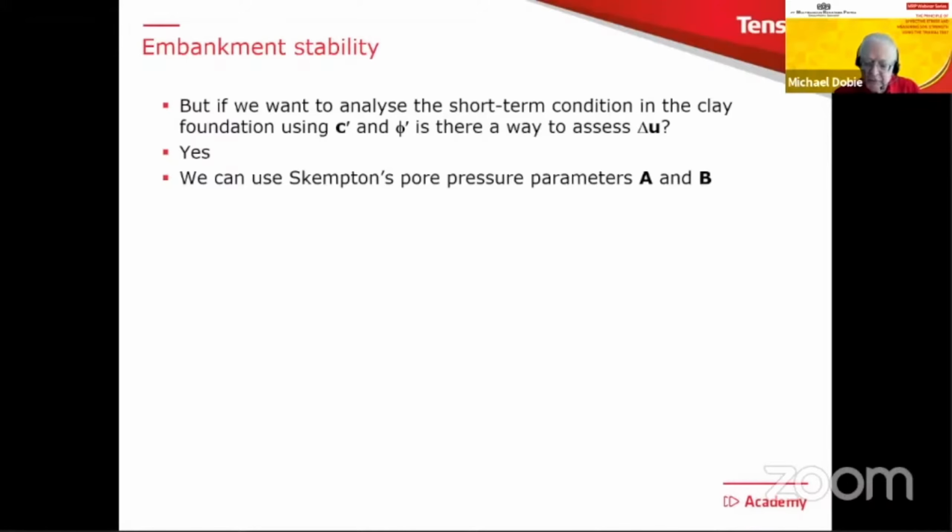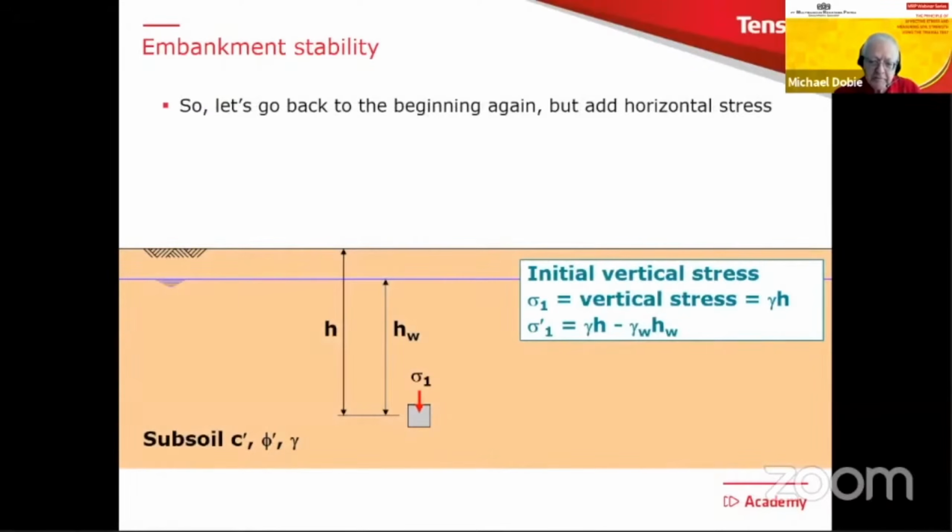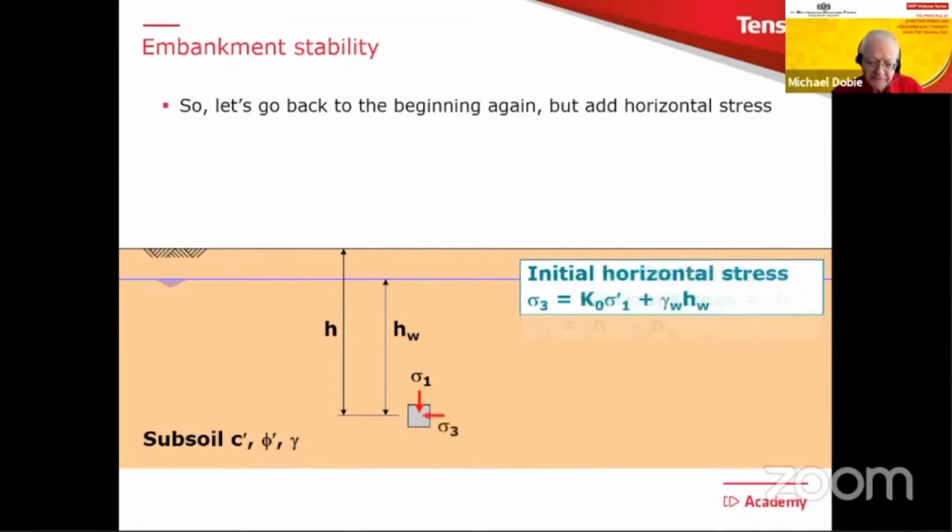So let's see what we mean by this. Let's go back to the beginning again. Here we've got our initial stresses, but in this case, I'm going to calculate both the vertical stresses and the horizontal ones. So the vertical stress, we're going to call it sigma 1, and we can calculate that much as we did before. And the vertical effective stress, we can just find by subtracting the pore pressure as we did.